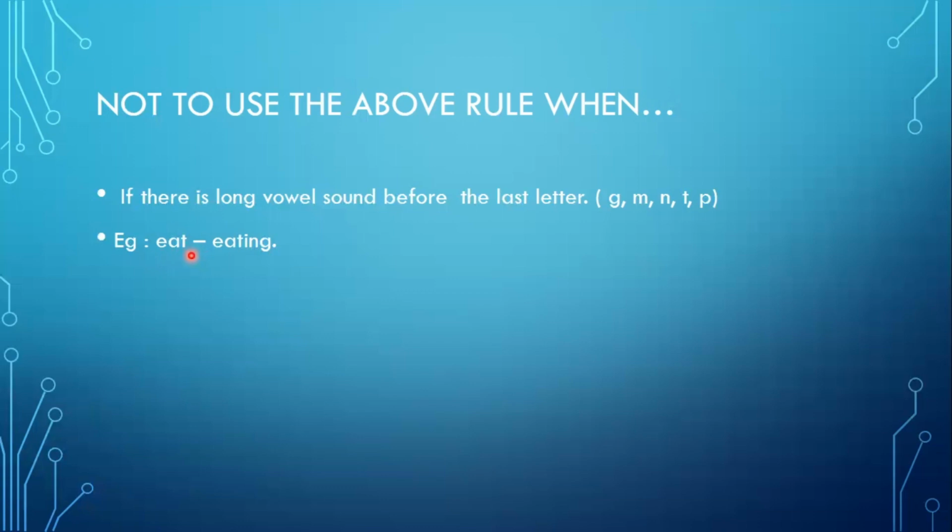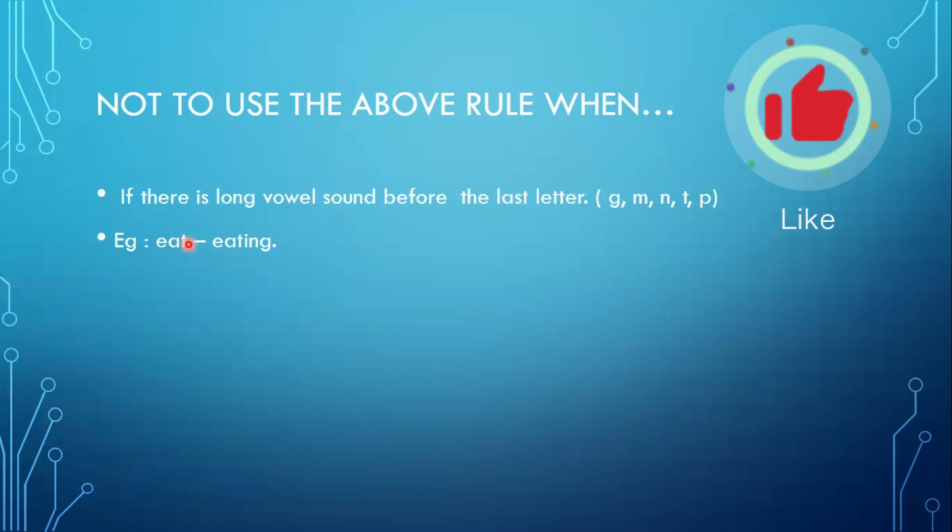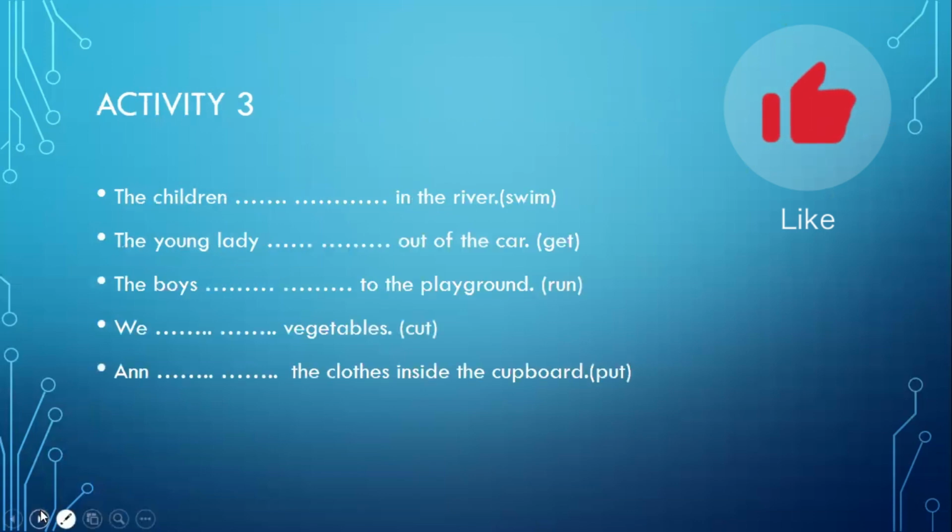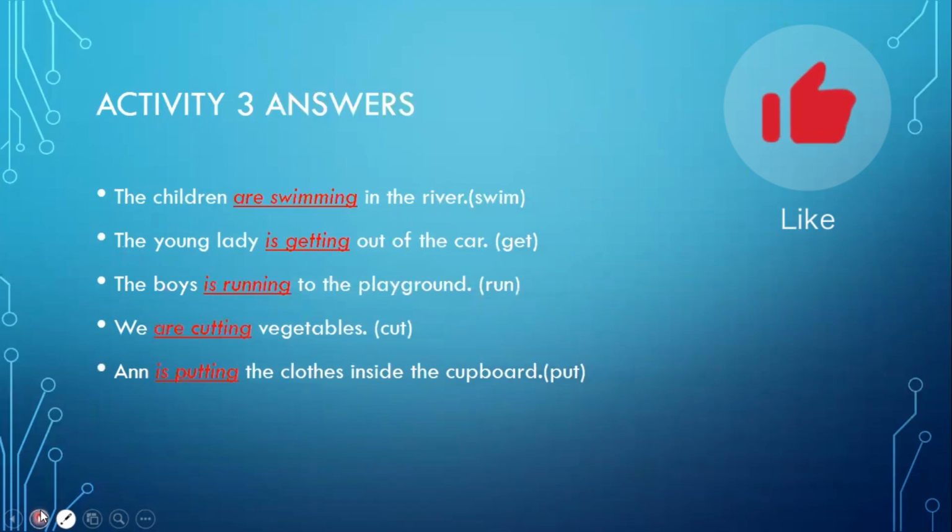Instead, you have to add ing, just like we did in the first activity. Hope you have understood. You can do this activity. It's simple. Remember the rule? You can check your answers here.